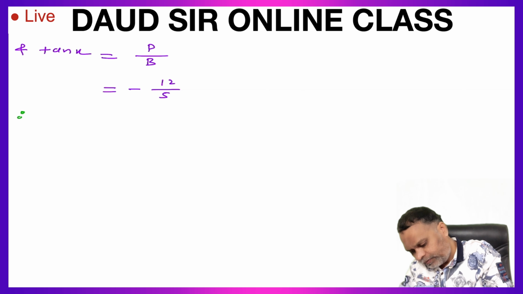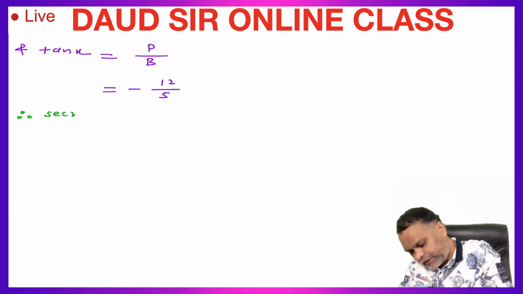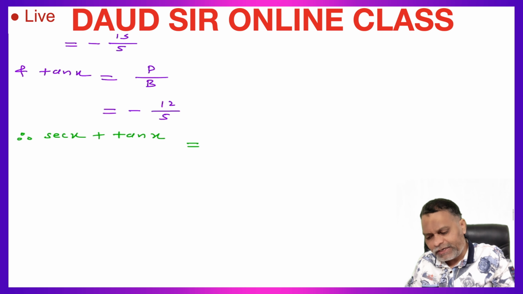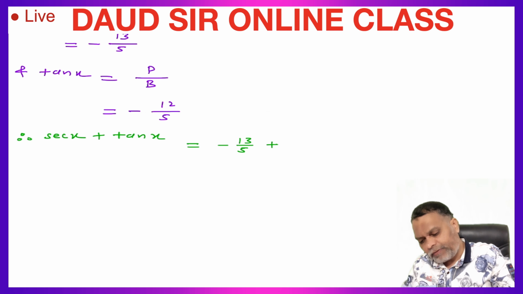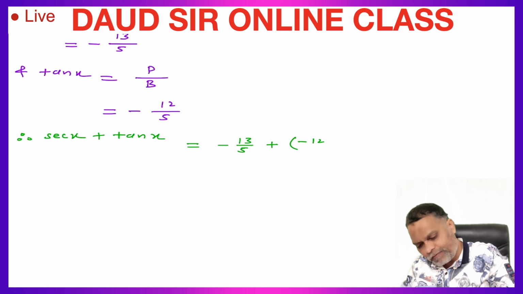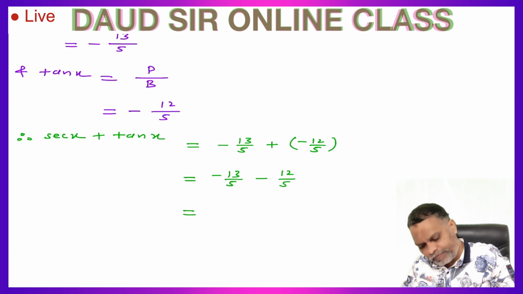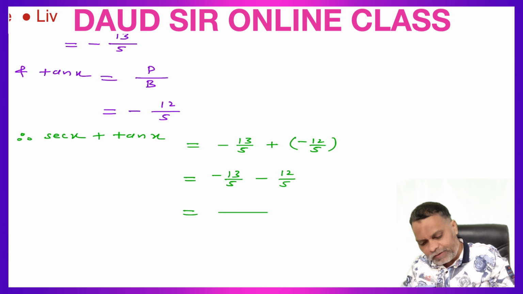Therefore, sec x plus tan x is equal to, the value of sec x is minus 13 upon 5, plus the value of tan x is minus 12 upon 5. Simplify this: minus 13 upon 5 plus minus 12 upon 5. Take LCM 5.